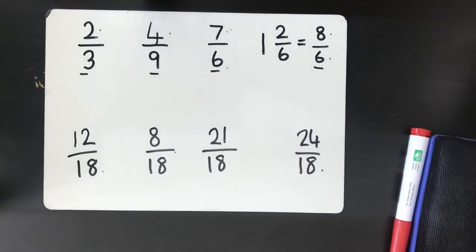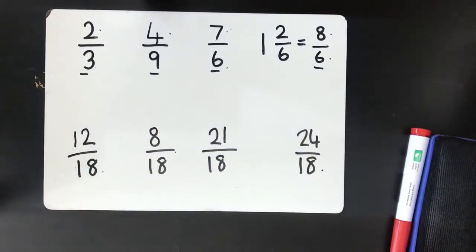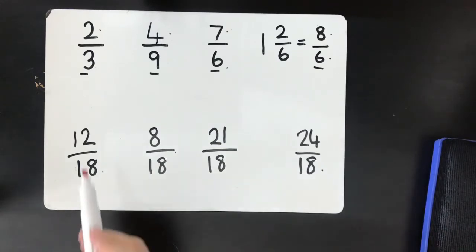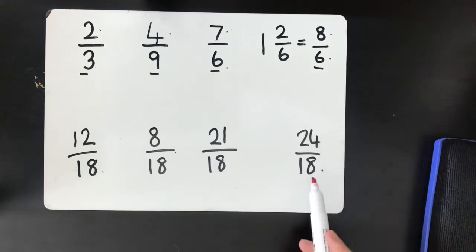Right, now we're looking better, aren't we, girls? We've got 18, 18, 18, 18, and we can actually compare our fractions now. So if we want to order them from smallest to largest, which one would come first? The smallest fraction, can you see? Is it 12 over 18, 8 over 18, 21, or 24?